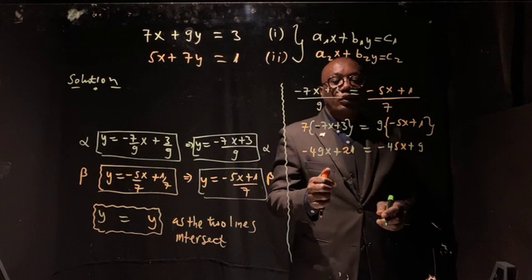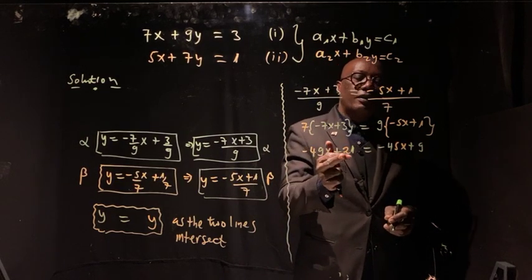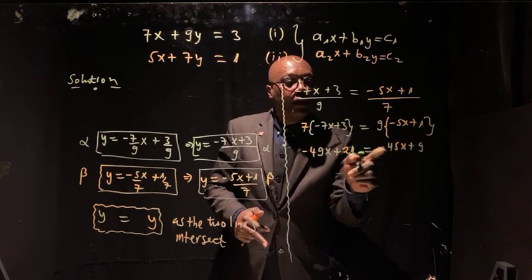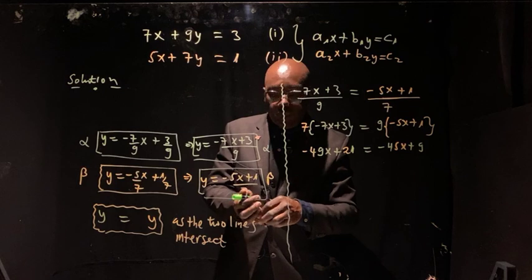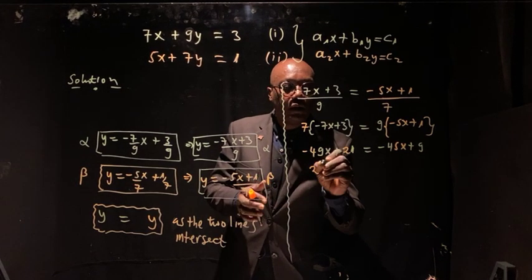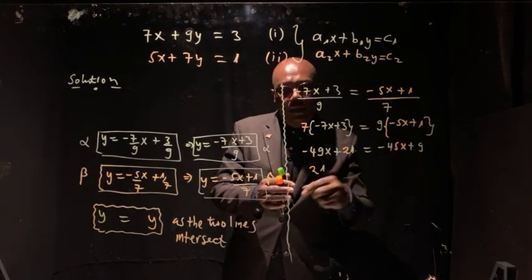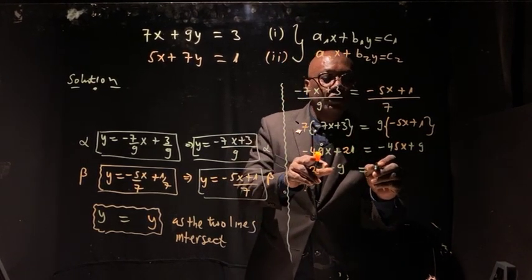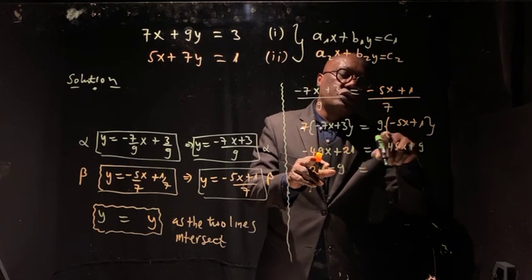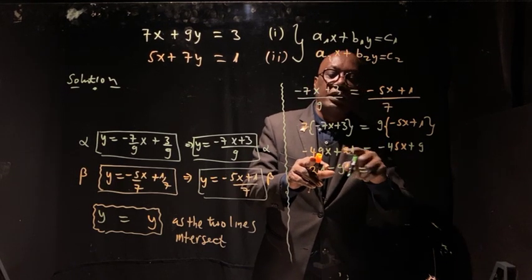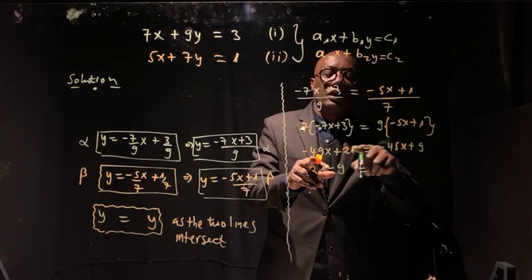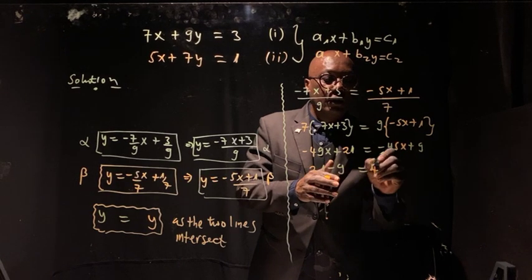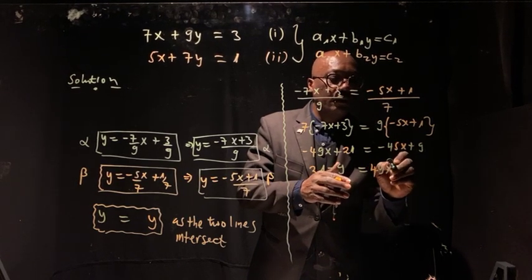So we are trying to group the like terms together. 21 stays there, and we bring the 9 over there, minus 9. Equal, 49x is positive here. It is crossing the frontier, so it becomes negative here. So it will be 49x minus 45x.